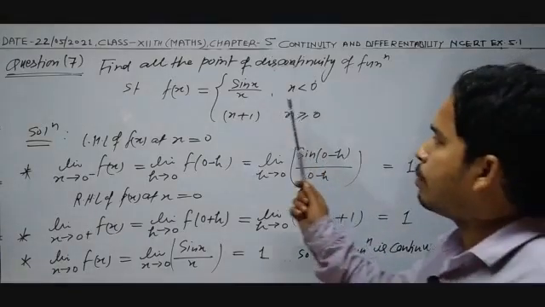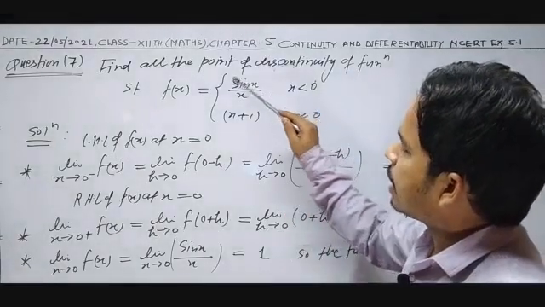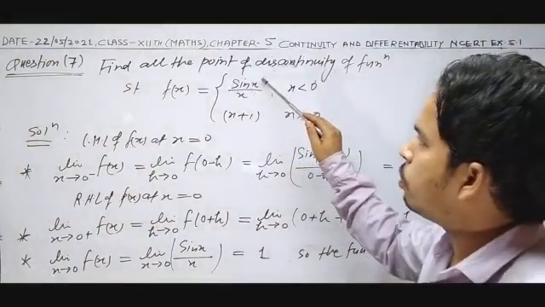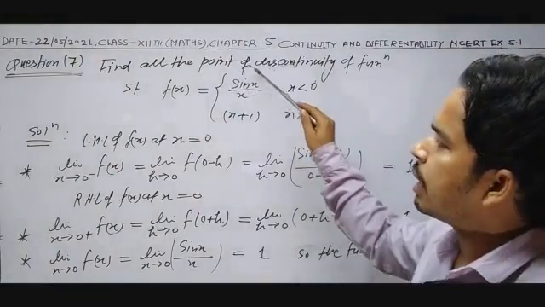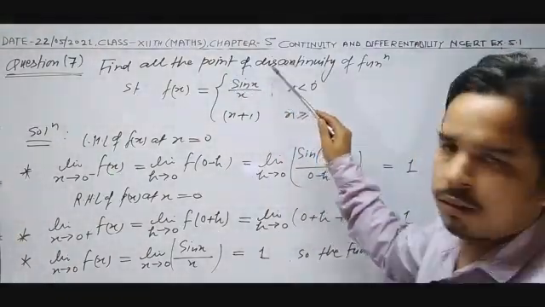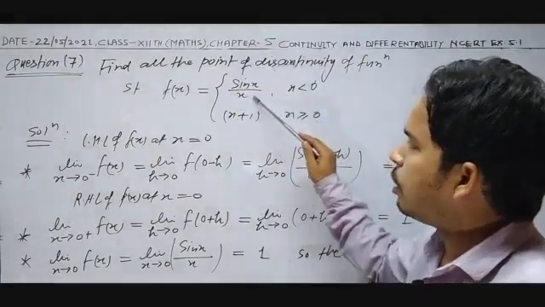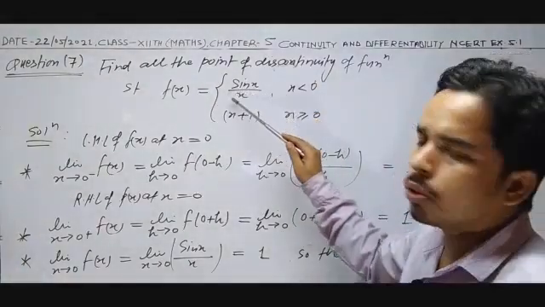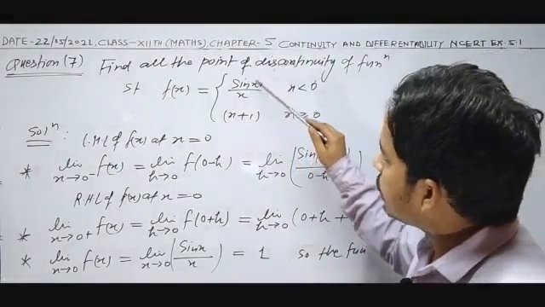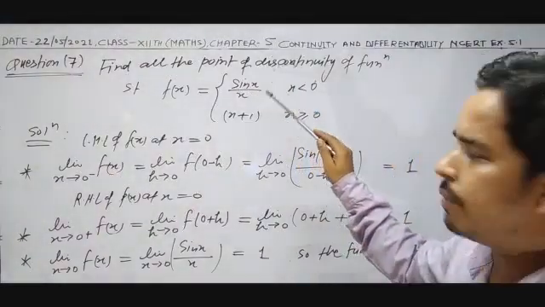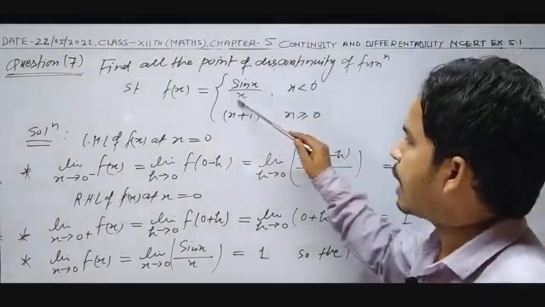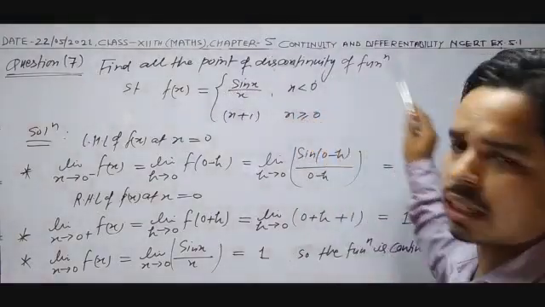Students, if you take the single function sin x, you know sin x is continuous everywhere, and x is a polynomial, so x is also continuous everywhere. The ratio of two continuous functions is always continuous, so sin x upon x will be continuous everywhere.